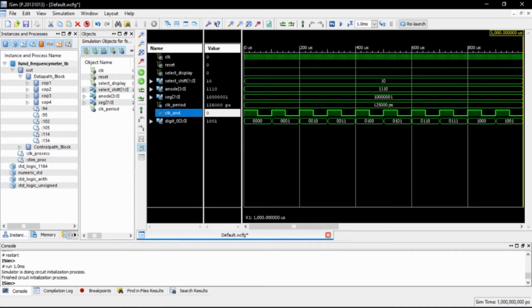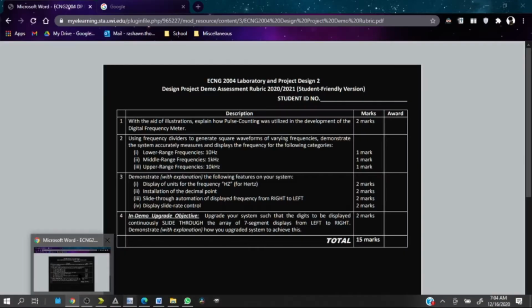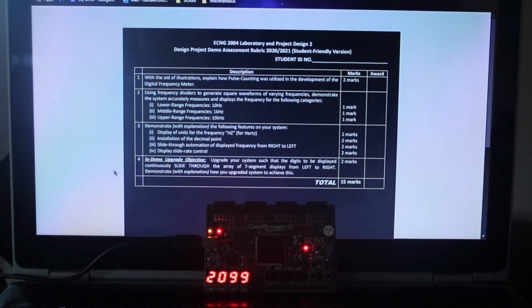And this is sent into the modular counter, and we can see on each rising edge, digit 0, which is the least significant digit in the modular counter, is incrementing. So as I said, pulse counting in this system was done using the modular counter, and the frequency was measured by counting the number of pulses for 1 second.